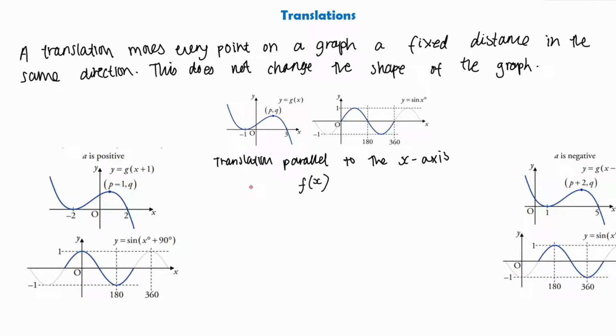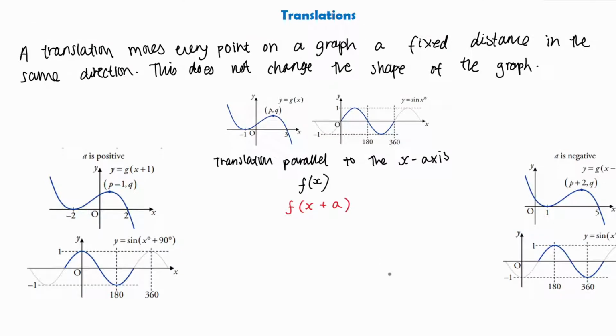So now we're going to look at a translation parallel to the x-axis. Now, because it's a translation, again, there's going to be another shifting involved with every single point. So in this case, if we have a function f(x), if this time the value a, whether it's positive or negative, is inside the brackets, so f(x + a), it will translate the graph parallel to the x-axis.